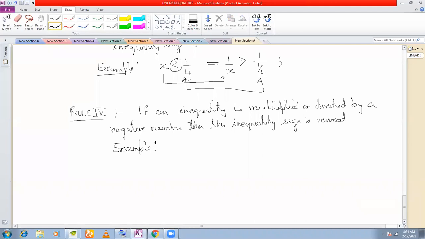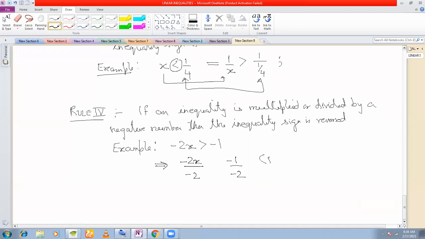Suppose I have -2x is greater than -1. Now, in order to solve this inequality, I want to make this coefficient 1. So I will divide both sides of the inequality by -2. So I have -2x by -2, and on this side, I have -1 by -2.